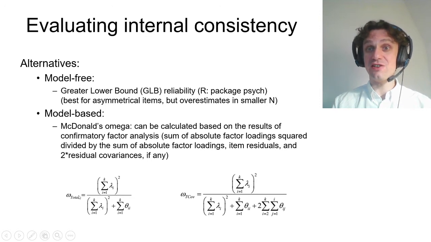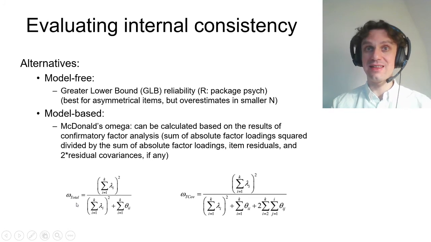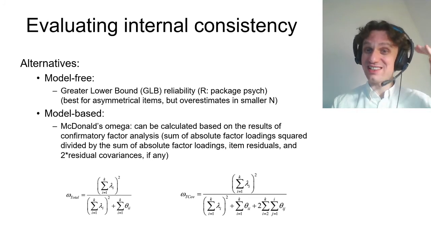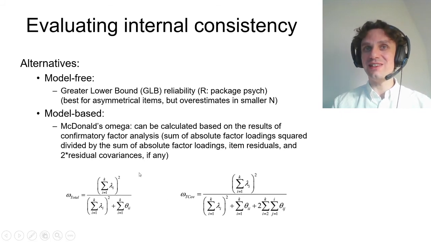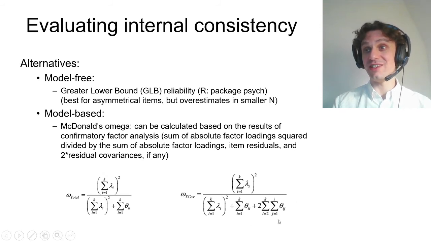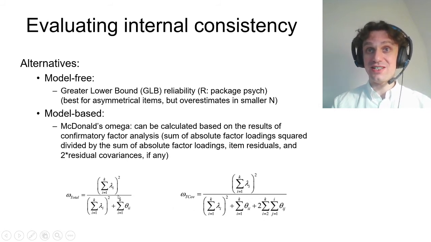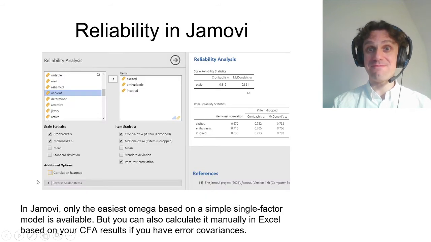And as a result, you get omega, which might also be more precise than alpha. It might be higher or lower. Usually it's higher, but it's definitely more precise. And it can even accommodate residual covariances if you introduce them into the model. You need to add them here in this denominator and multiply by 2. And as a result, we can get a better estimation of reliability based on our model.